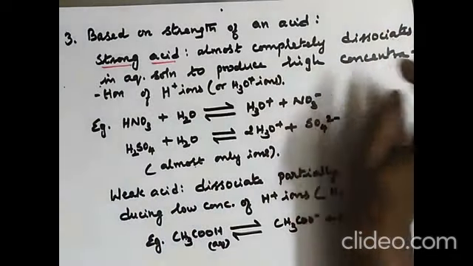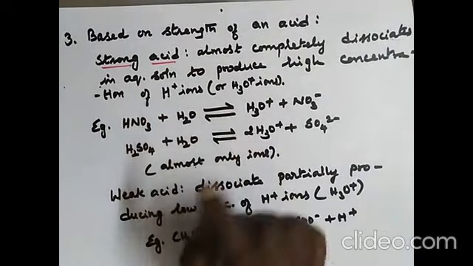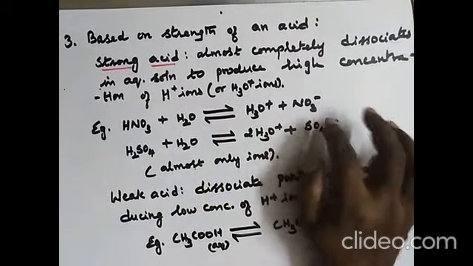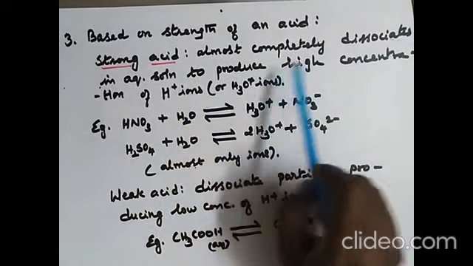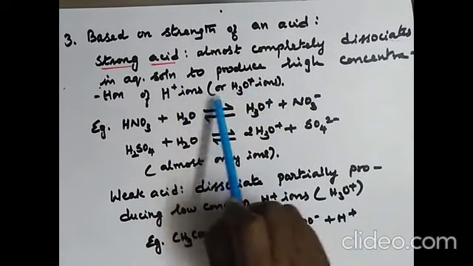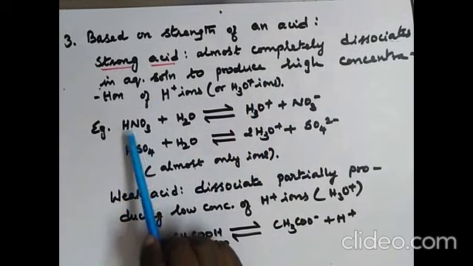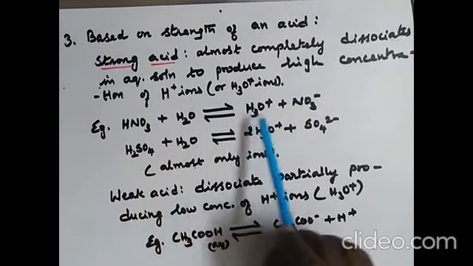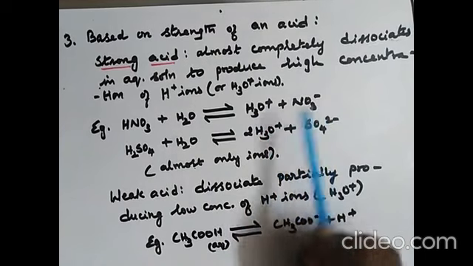Based on the strength of an acid, acids can be classified into strong acids and weak acids. Strong acid almost completely dissociates in aqueous solution to produce a high concentration of H+ ion or hydronium ion. Example, nitric acid HNO3 combines with water to give H3O+ ion, hydronium ion, and nitrate ion.